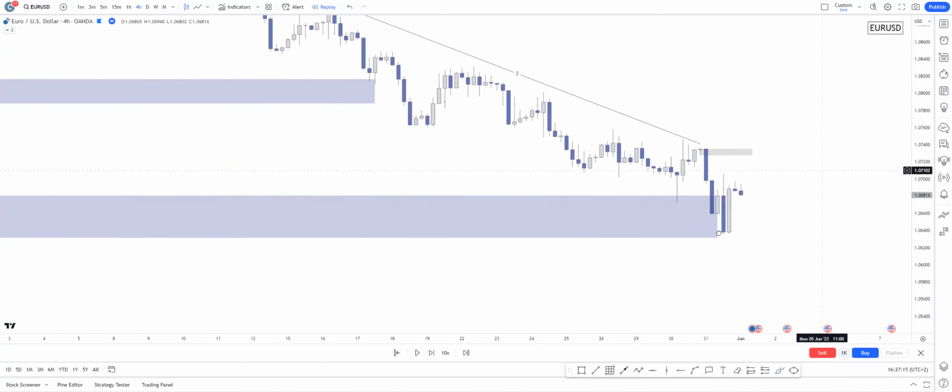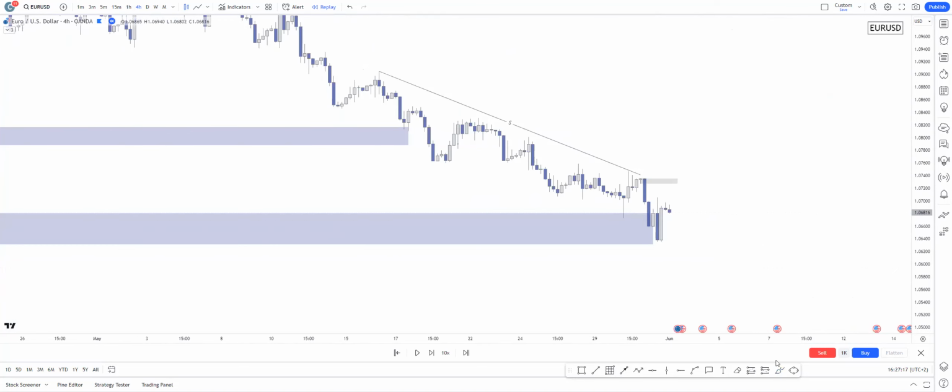We can take a look at the 15-minute time frame, and technically we have to create 15-minute scenarios mainly because we have just mitigated a 4-hour demand area. So if a 15-minute change of character happened, probably it happened, but we will see. So if a 15-minute change of character happened, we can wait for longs.